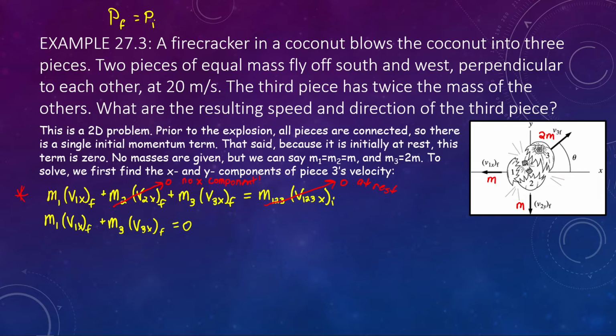So we can solve this now. So let's go ahead and try to arrange this. We're looking for the final velocity. So v3x final. A little bit of algebra here. We have to subtract the m1 term over to the other side. So negative m1 v1x final divided by mass 3.